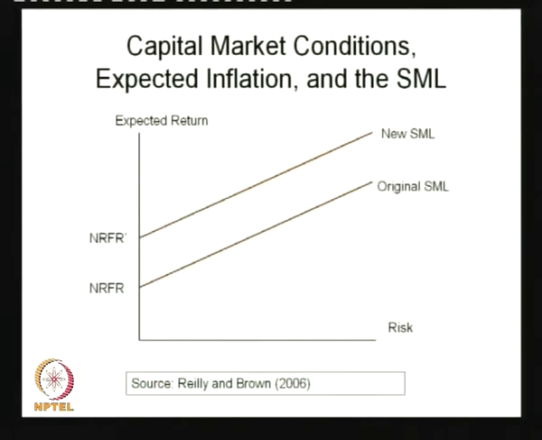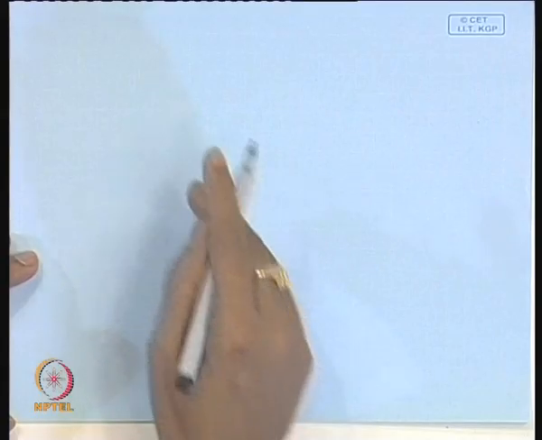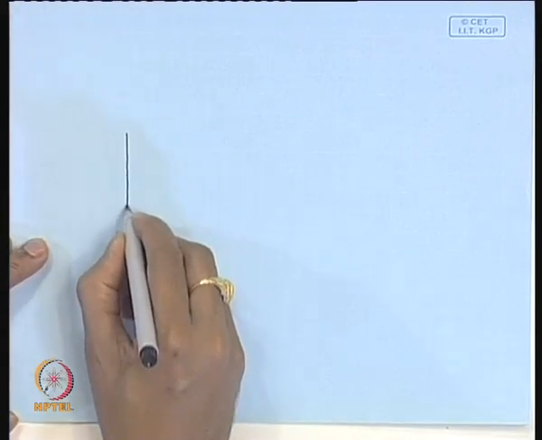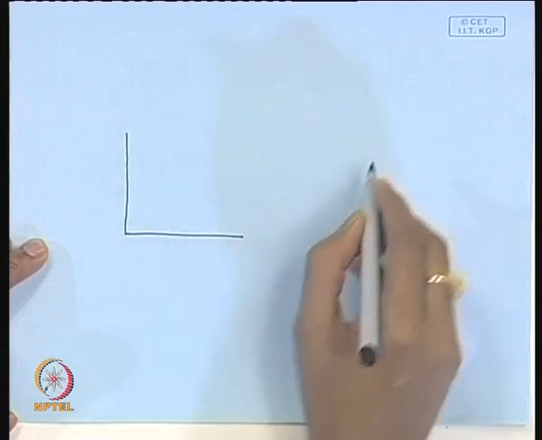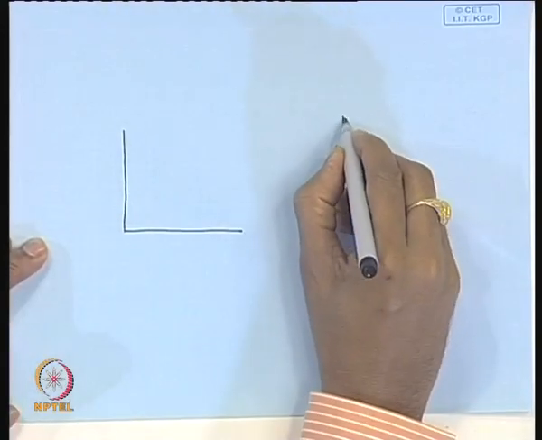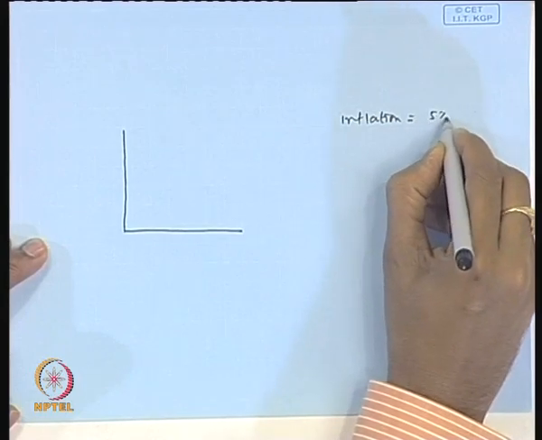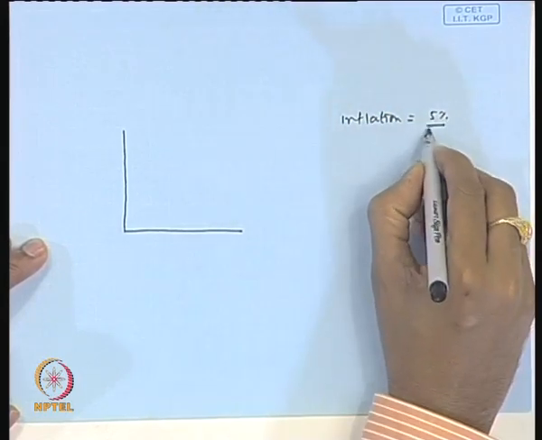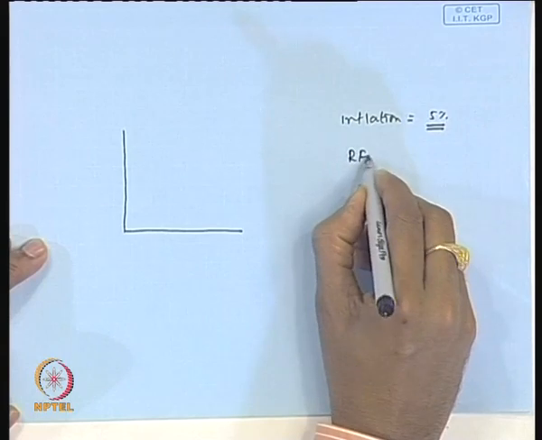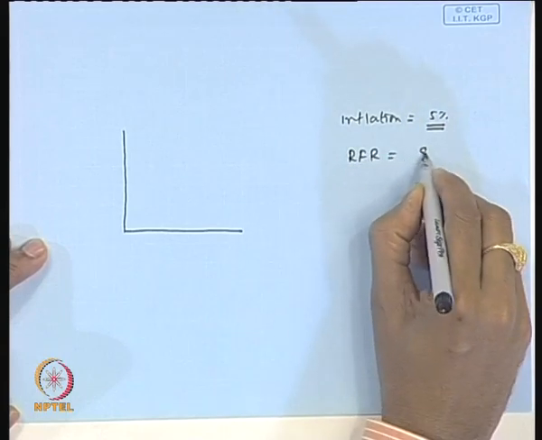Then overall in the market itself, the expected return may go up because there is a change in the risk free rate of return. So, earlier I was expecting an inflation of 5%, and factoring that in, my risk free rate of return was, let us say, 8%.